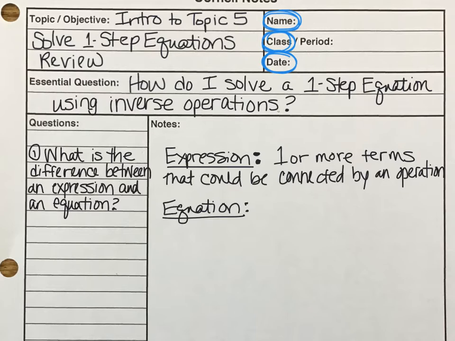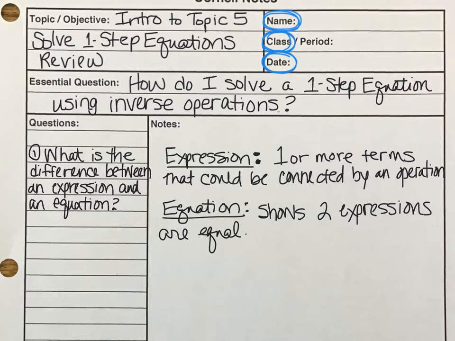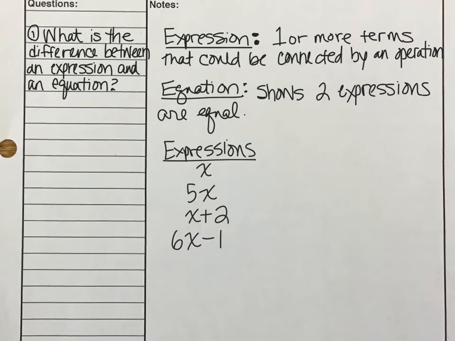An equation, however, is a number sentence that shows two expressions are equal. So what that means is we might have expressions like this, or we could have equations like this.